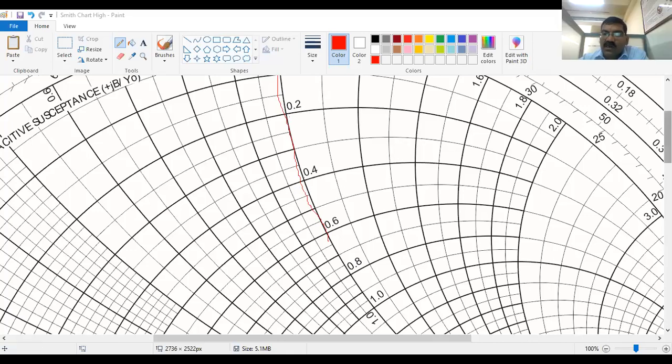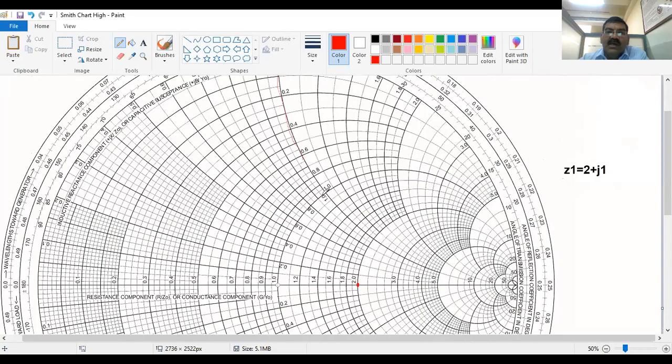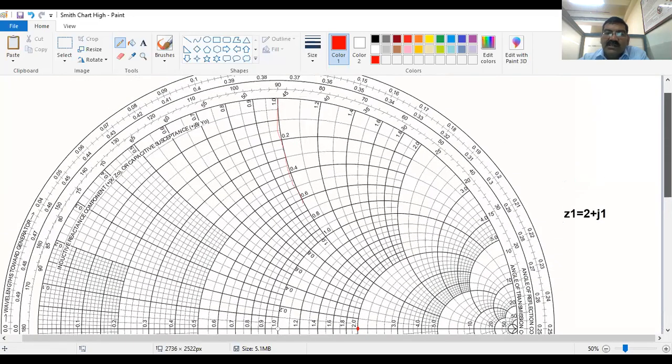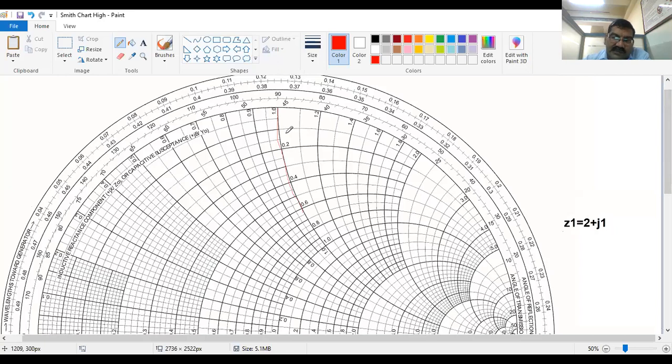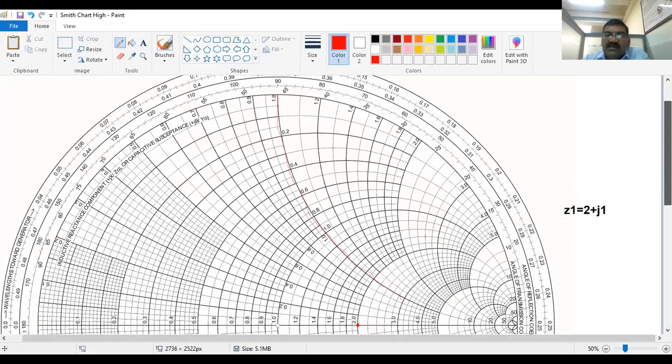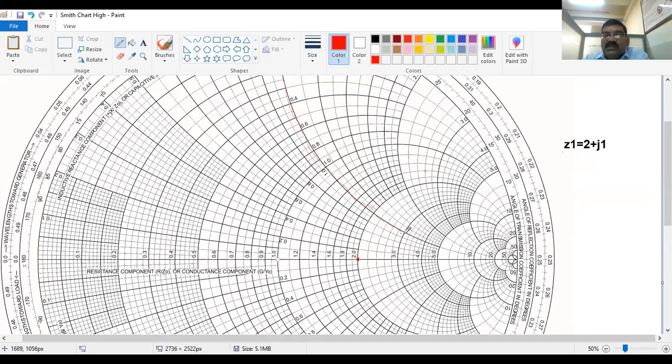So this is the line of 1. I have just drawn it this way. For your reference, I'm drawing it free hand, overwriting this line for your understanding.